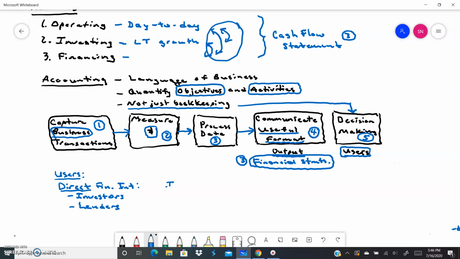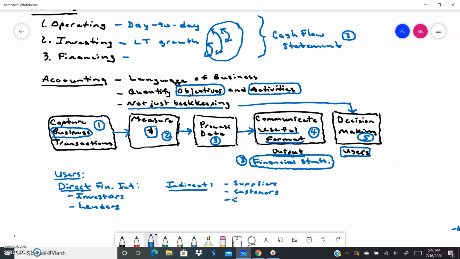There are also a number of indirect users, people who also have an interest in the financial statements. They don't necessarily have a direct investment, but there are lots of people. So any suppliers to the business are going to be interested to know whether the business is going to be in financial difficulty. Of course, the customers: you wouldn't buy a car from a company that you thought was going to go bankrupt.